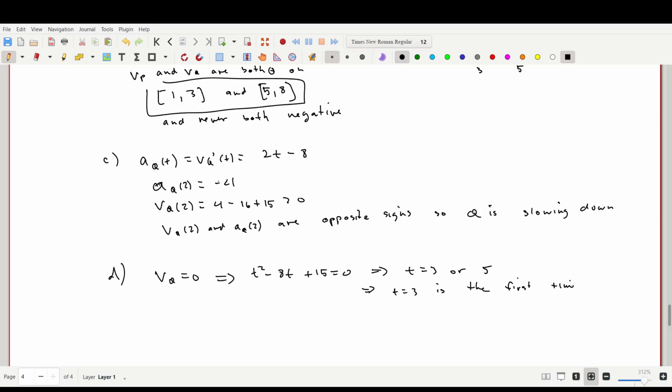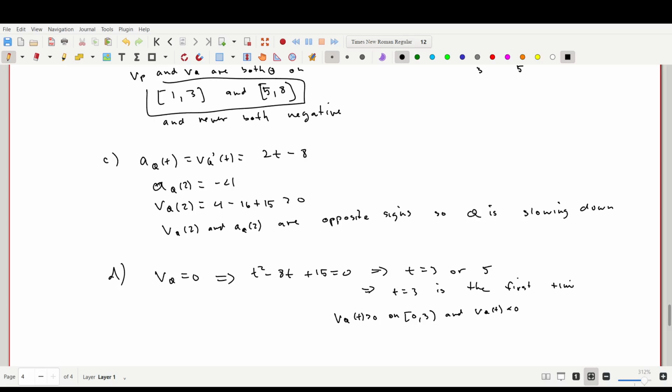Technically, you do need to say that VQ of t is greater than 0 on 0 to 3, and VQ of t is less than 0. Like you actually have to switch signs, right?